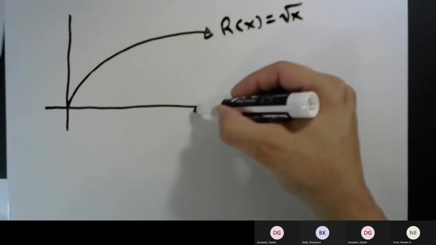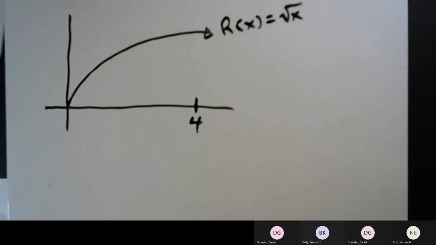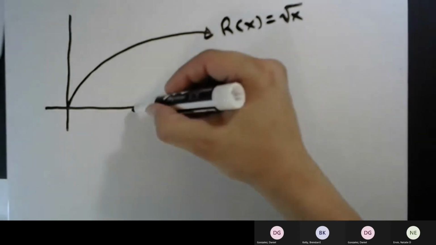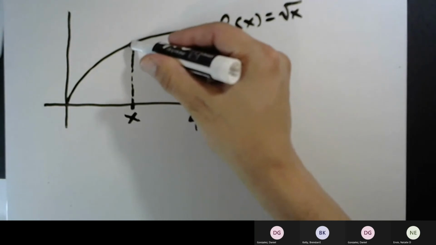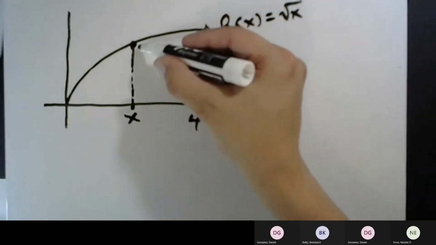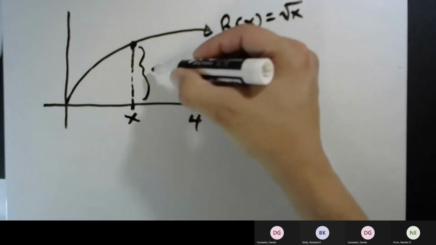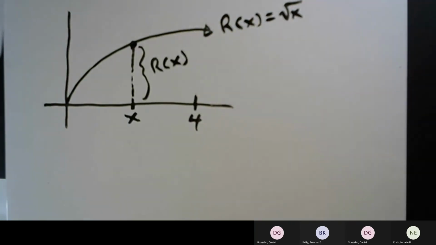And let's say we're going to be interested in looking at things out to 4. Well, for a given x, the distance from the x-axis to the curve is just R of x, whatever x happens to be.